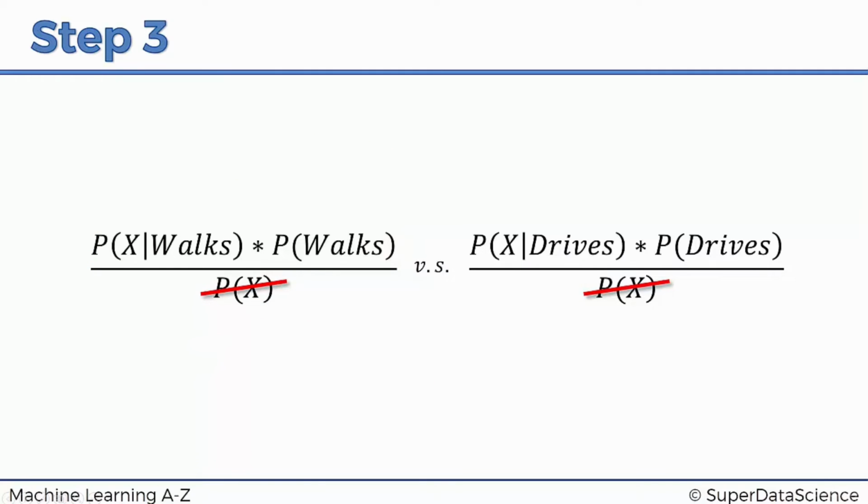Comparing is okay, but if you want to calculate the actual value and perform some operations, or compare the value from this scenario to a value from another problem, a different kind of scenario where P of X will be different, not from this particular example that you're working with.